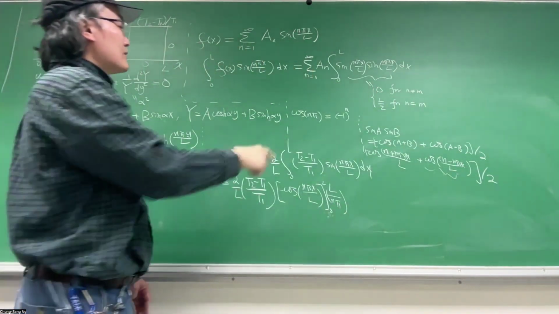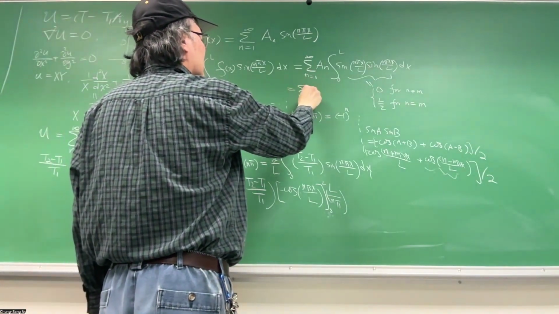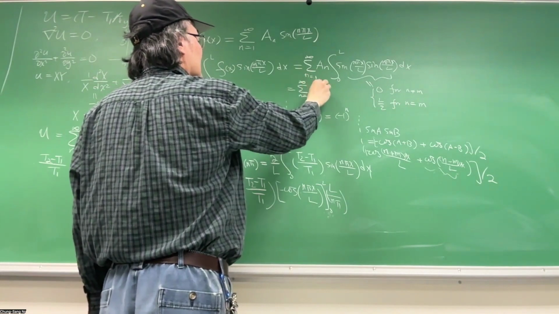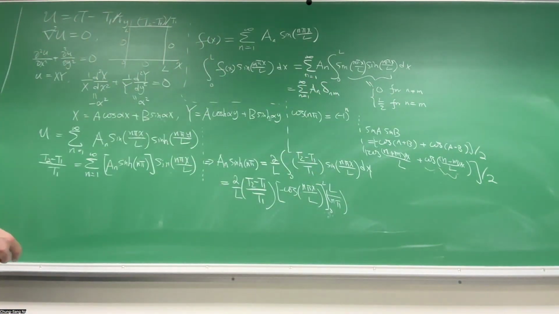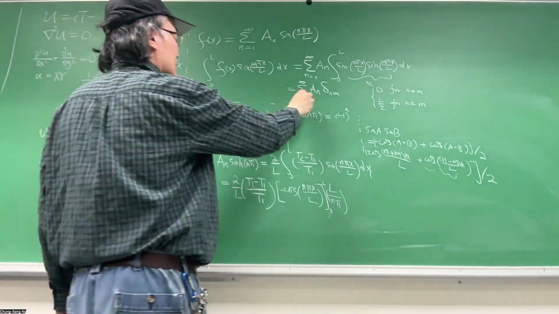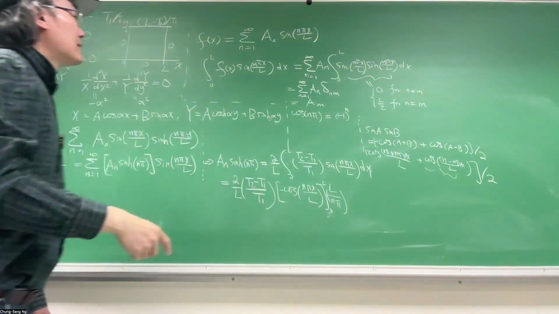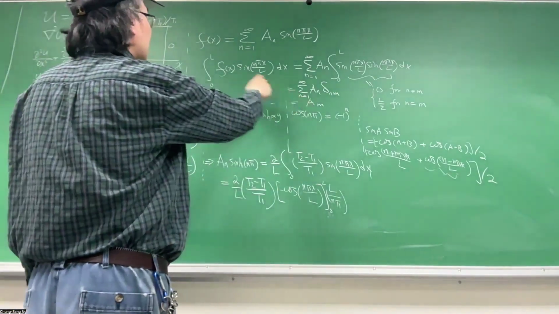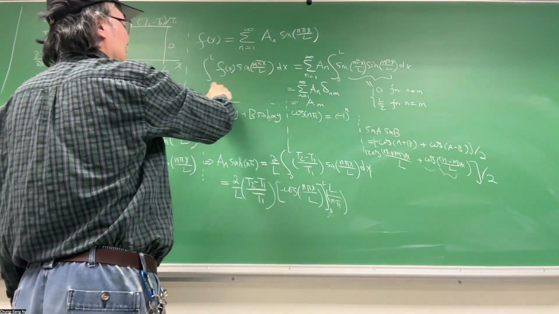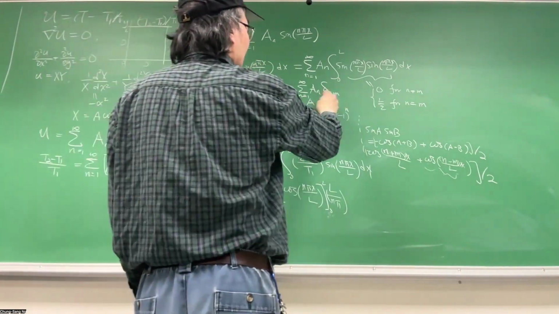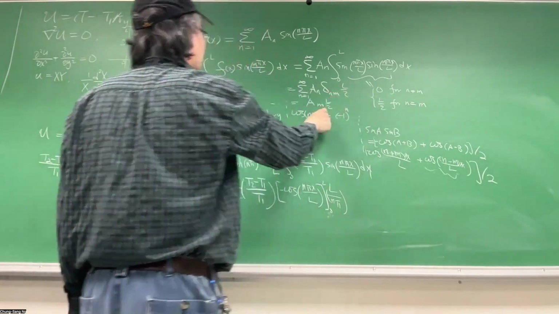So combining that, we get a sub n times delta, and taking the summation gives a sub m. The a sub m is the integral of f of x times sine of m pi x over L, divided by L over 2.